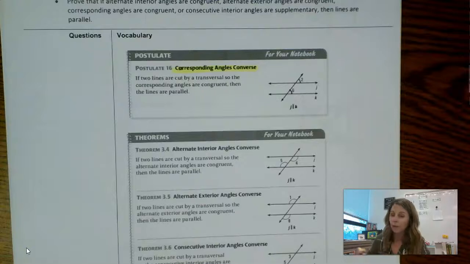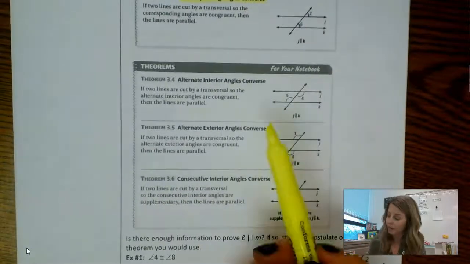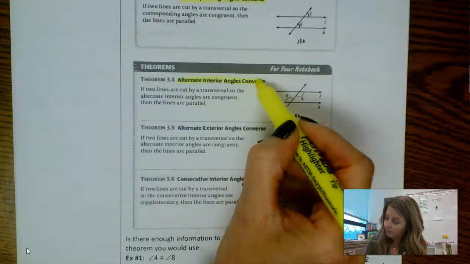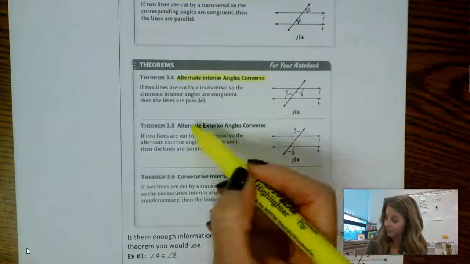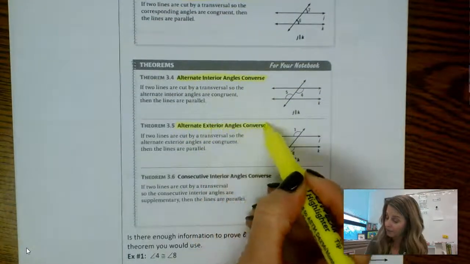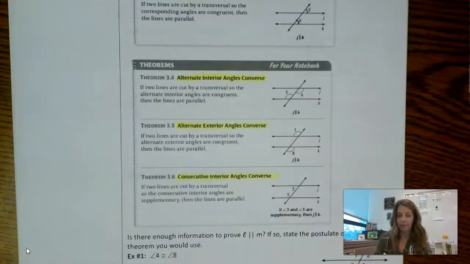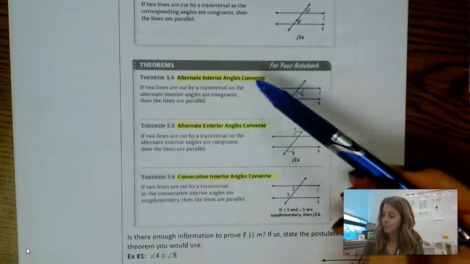If you look ahead, we have the alternate interior angles converse, the alternate exterior angles converse, and then the consecutive interior angles converse. They all basically say the same thing.